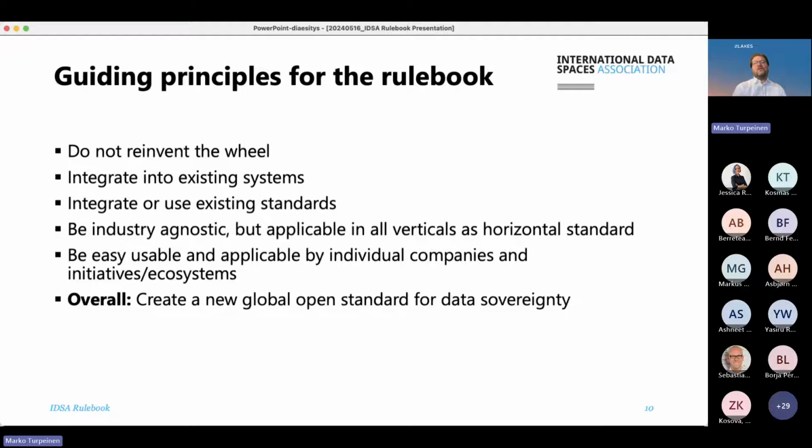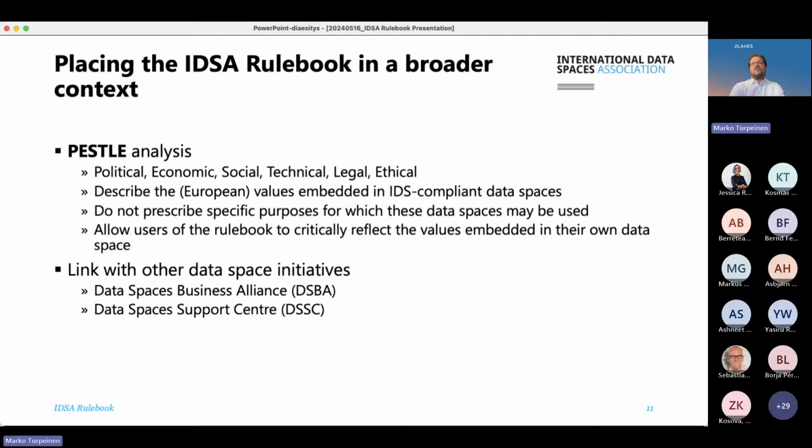In parallel to being a very usable and concrete document that companies and ecosystems can take up, it also points to the future: when we want to standardize these things and make an open standard for data sovereignty, this rulebook is one of the founding building block documents, or solid stepping stones, that you can take when thinking of standardization. So that's one of the roles that we took there.